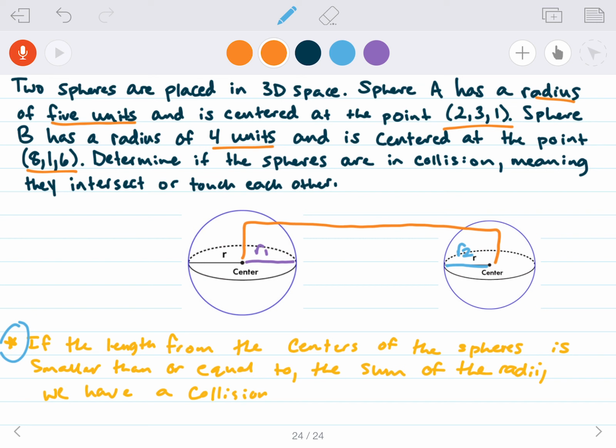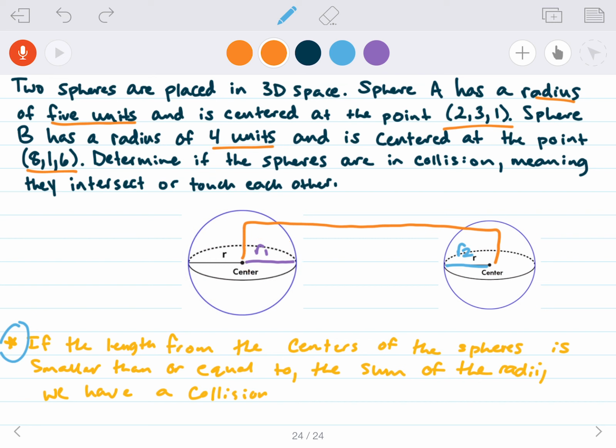And it's pretty clear that the distance represented by the orange is much larger than the sum of R1 plus R2, right?